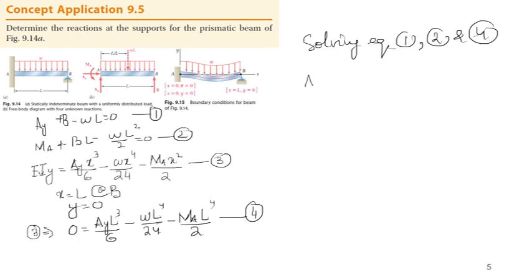Ax will be 0, then Ay is 5 by 8 times wL, MA will be 1 by 8 times wL squared, and we have B equal to 3 by 8 times wL.